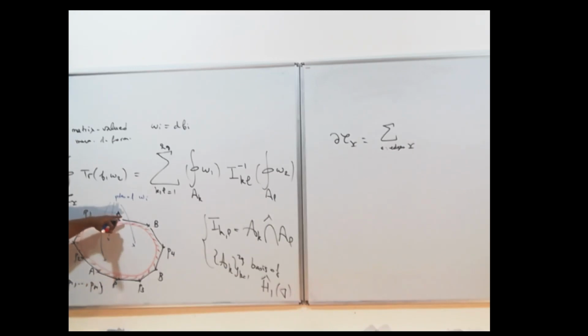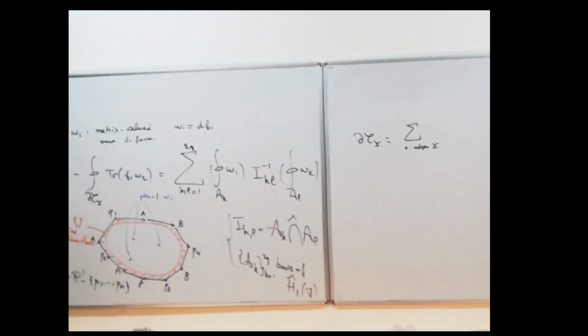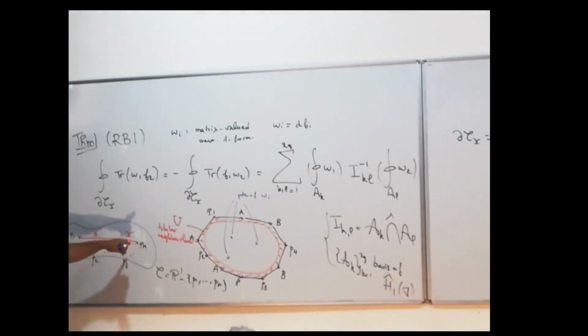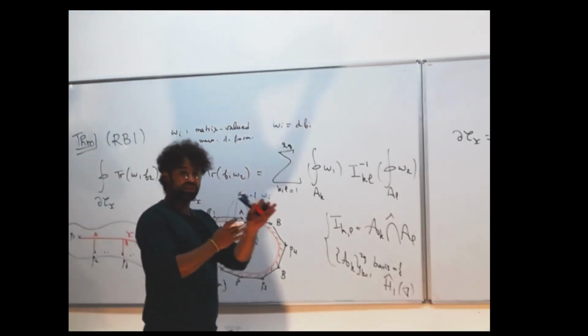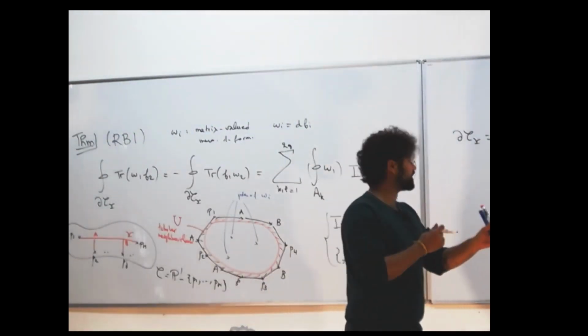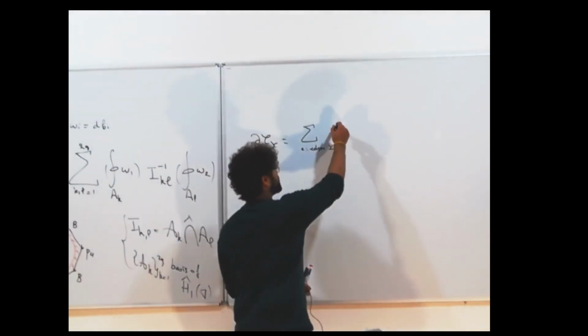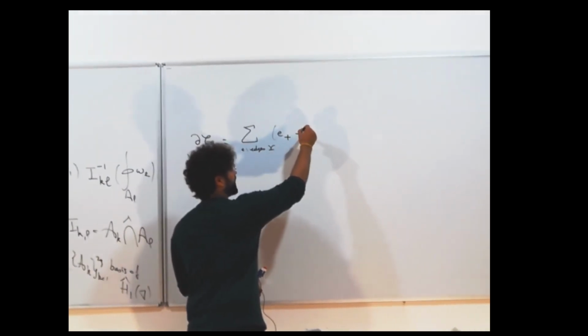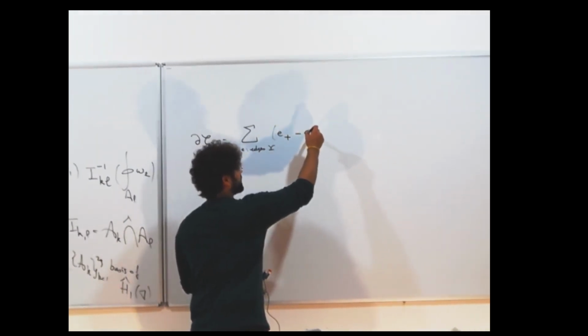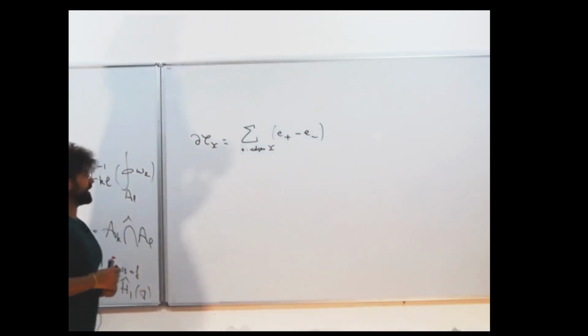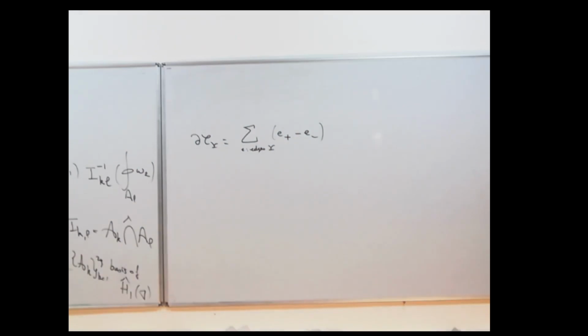And you see that every edge will be glued to the other one, right? So if you go along, every edge will appear twice, once in a certain direction, and the other time in the other direction. So it's something that you can write E plus minus E minus, right? Where E plus is one side, E minus is the other side, and you have this minus sign for the direction in which you go along.